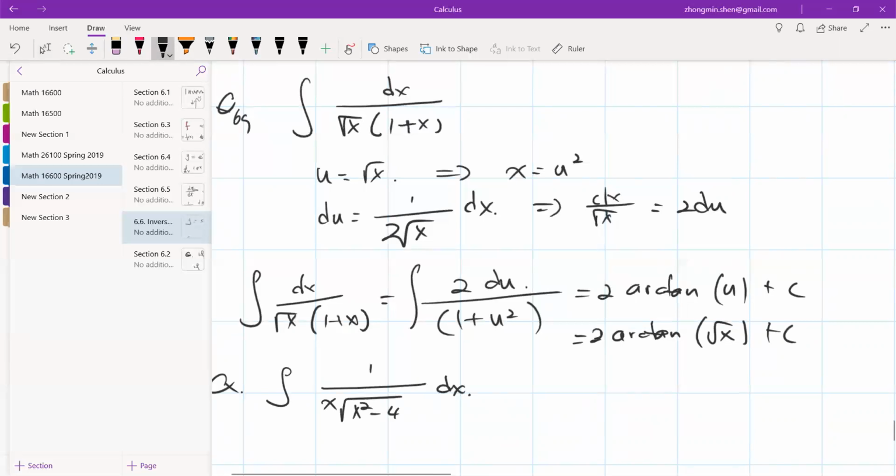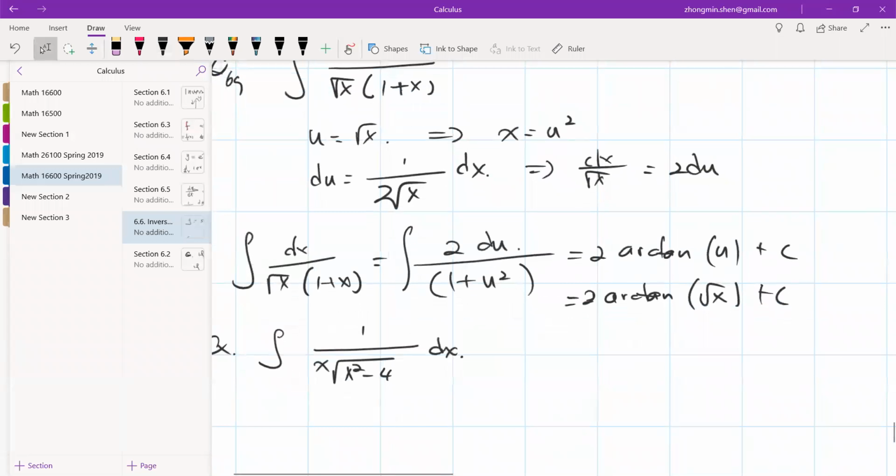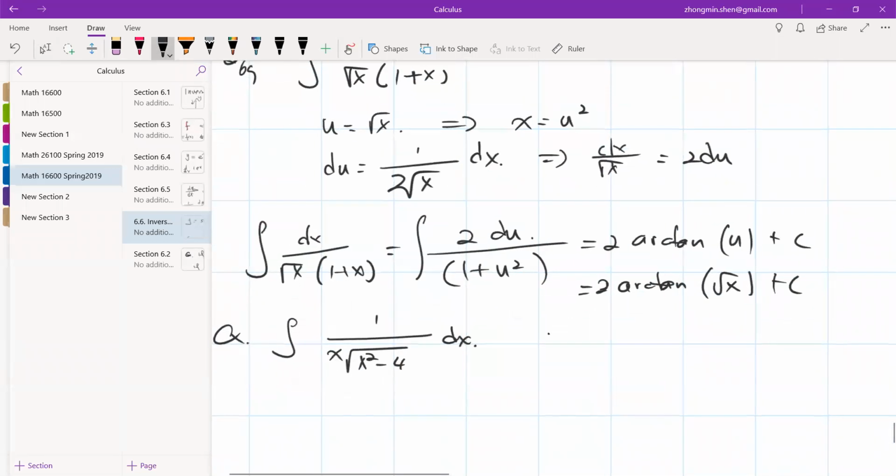So now let's look at this. This is very similar to one we have seen, right? We recall the derivative of arcsecant x. It is going to be 1 over x times square root of x squared minus 1, right?